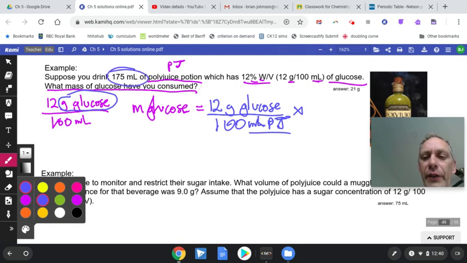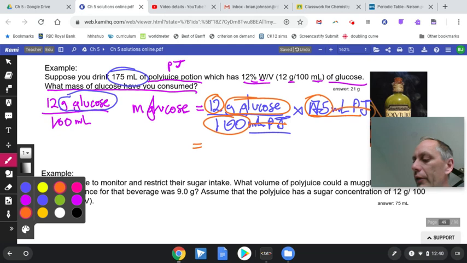We have 175 milliliters of Polyjuice. So if I put this one on top, the milliliters of Polyjuice cancel out. I'm left with grams of glucose on top, which is what I want. So the math is 12 times 175 divided by 100.